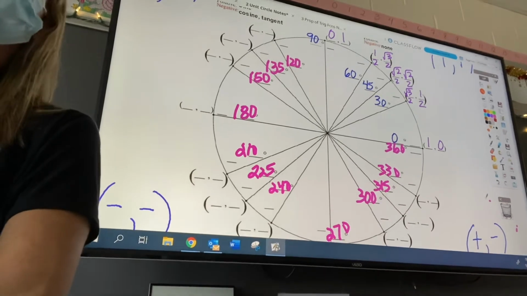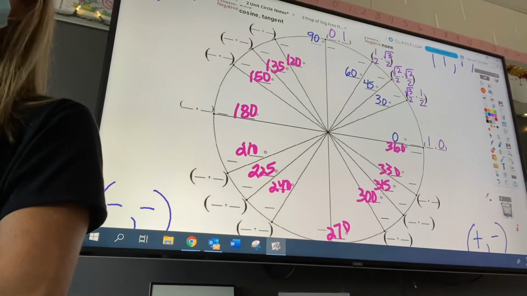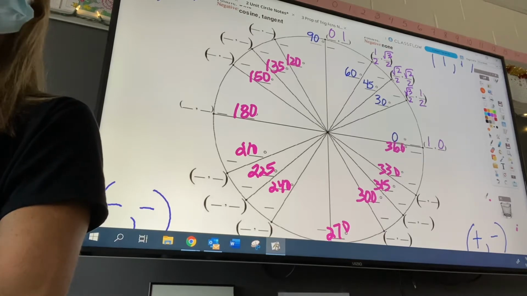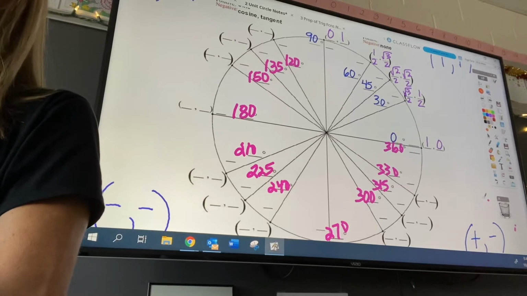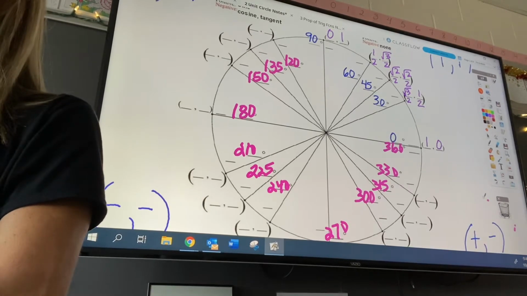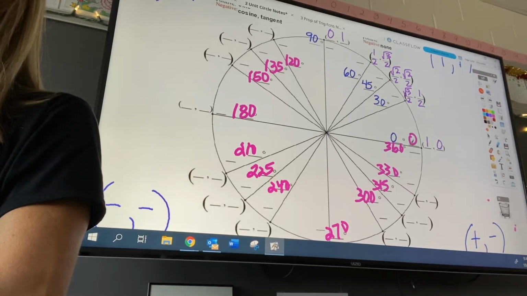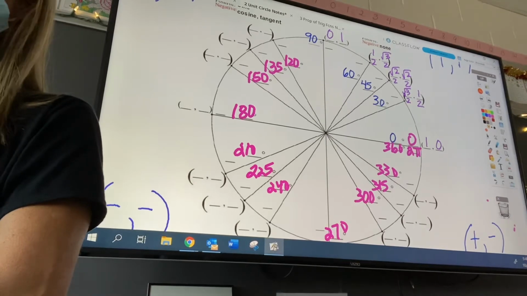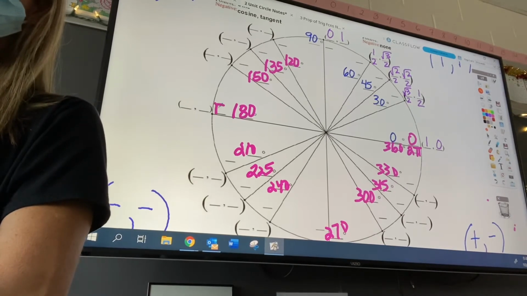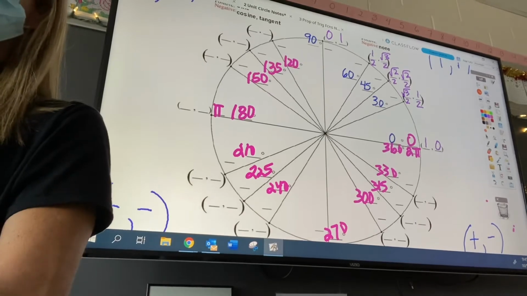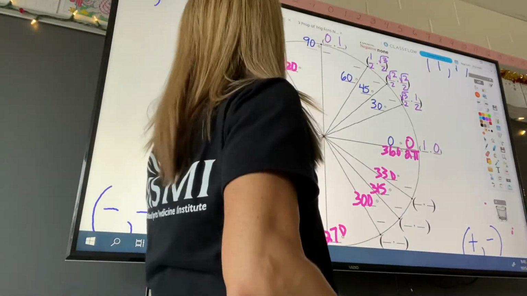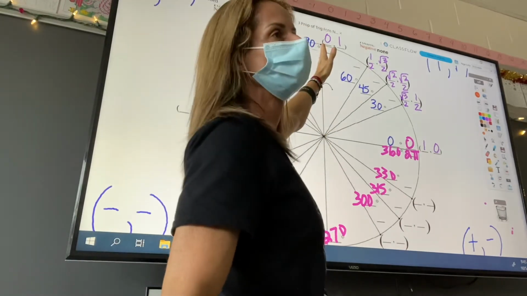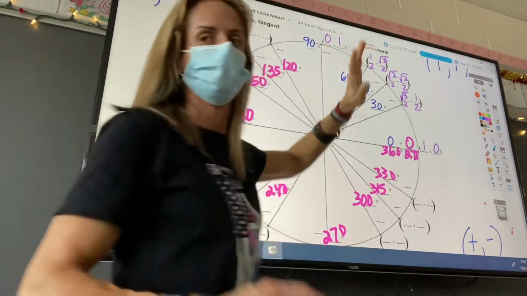If you were to convert all of these using the conversion that we learned last time, where you take the degrees and multiply by pi over 180, you'll get these values. But we know that this is 0 or 2 pi. All the way around is 2 pi. Halfway around is pi, which makes this pi over 2. 90 degrees is pi over 2.